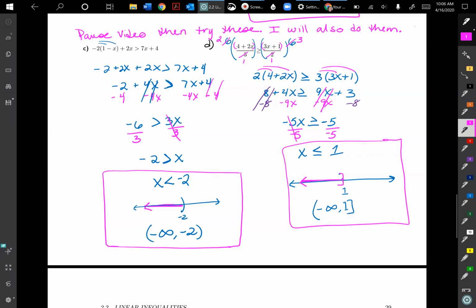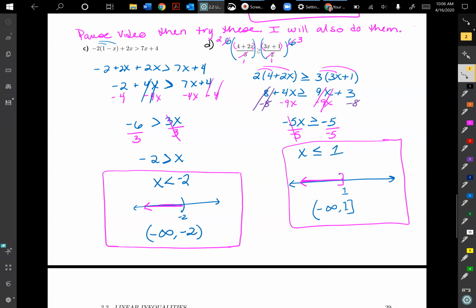For D, we could do it very quickly because we could look at x is less than or equal to 1. We could pop 0 in, and if 0 works, because that is less than or equal to 1, we would get 4/3 on the left side, and if we put 0 in on the right side, we would get 1/2, and 4/3 is in fact greater than or equal to 1/2.